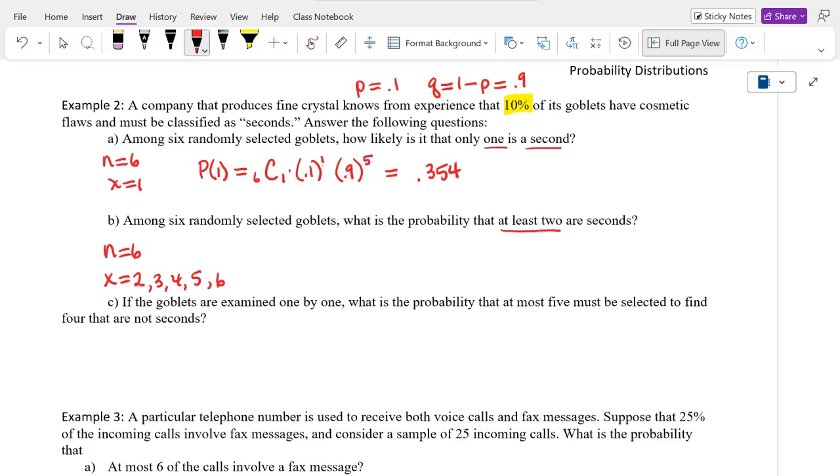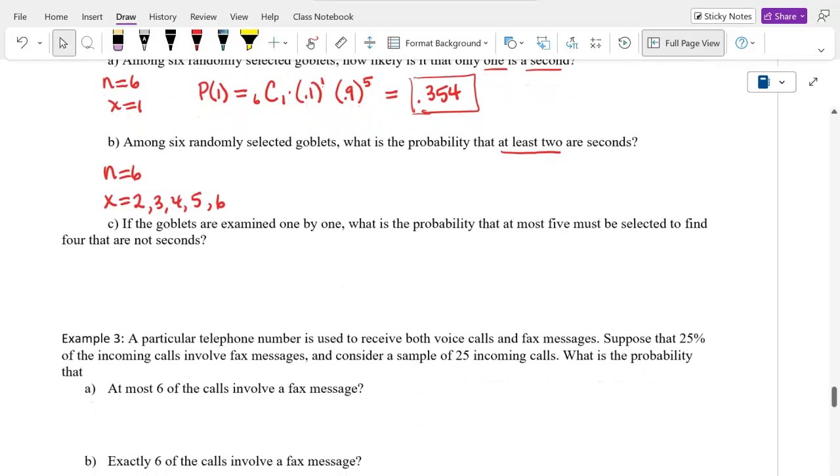If your P is provided on the table, we're going to use the table. Letter A up here was actually in the table, but I needed you to learn how to use the formula because it's required on some of the homework. So we always do that first. But on this one, I want you to look at your table.